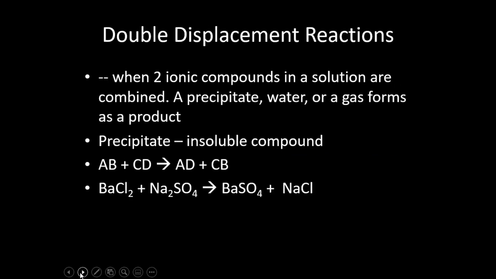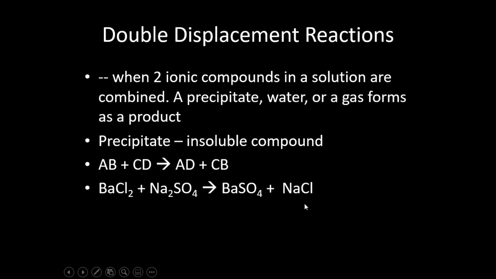Okay, let's look at double displacement reactions. This is the formula. AB plus CD forms AD plus CB. I know this gets a little confusing, but essentially the front elements in the compound, they switch places. So here we have barium chloride and sodium sulfate, and in the end we have barium sulfate and sodium chloride.